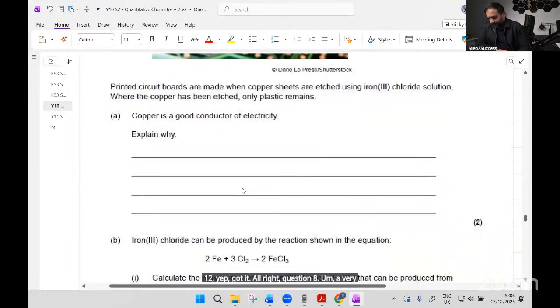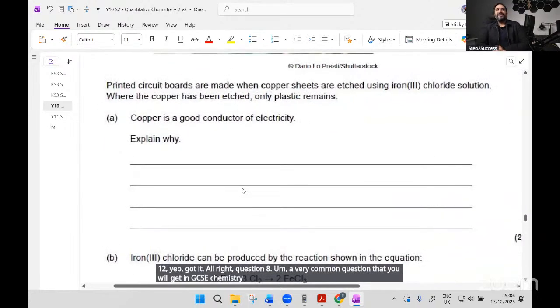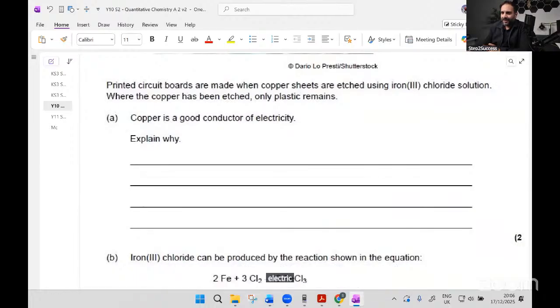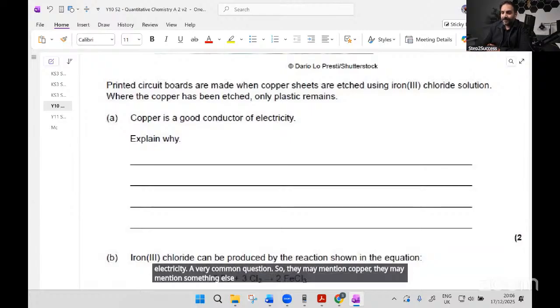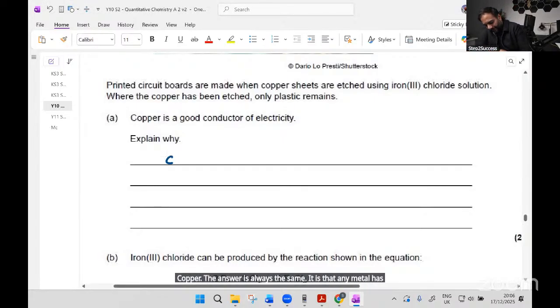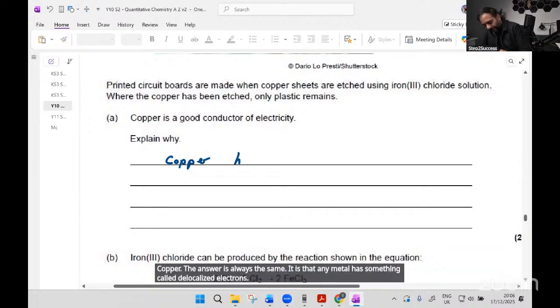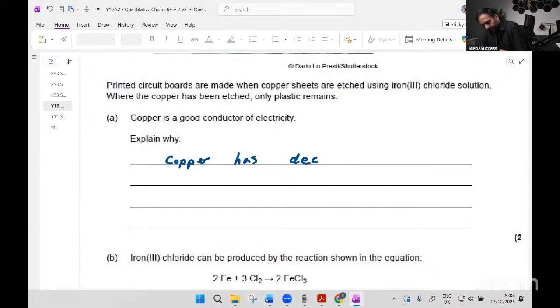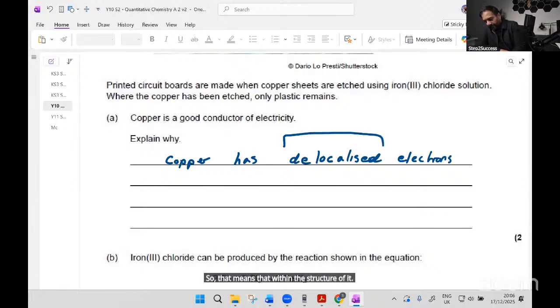A very common question that you will get in GCSE chemistry is explaining why a metal conducts electricity. They may mention copper, they may mention something else. In this case, it is copper. The answer is always the same: any metal has something called delocalized electrons. That means that within the structure, delocalized means free, so there are electrons that can move around.